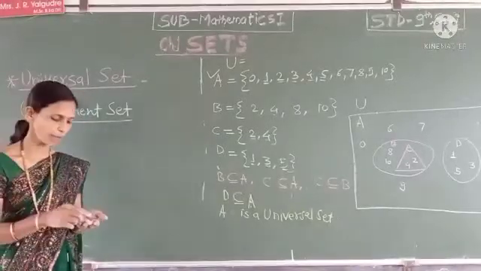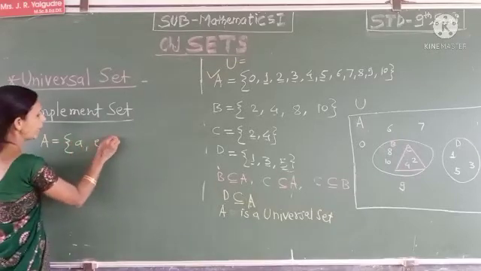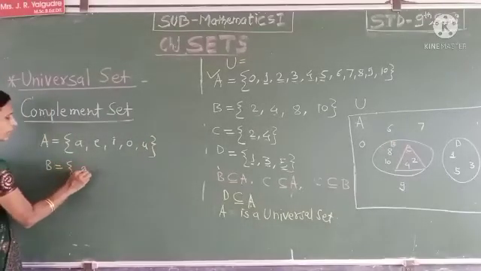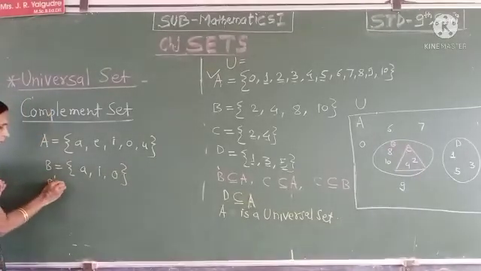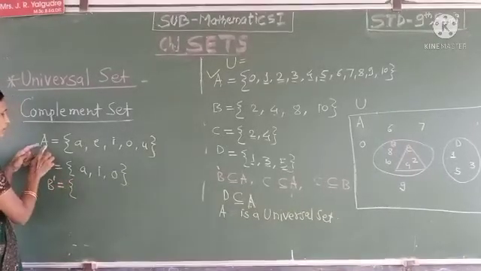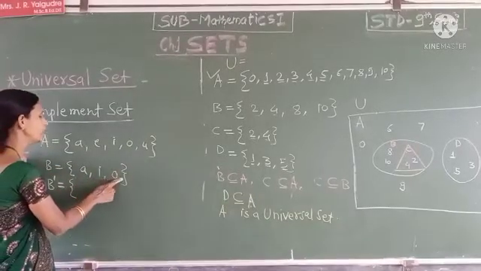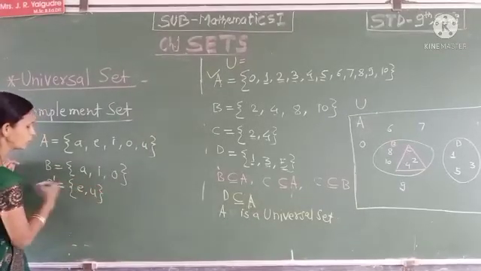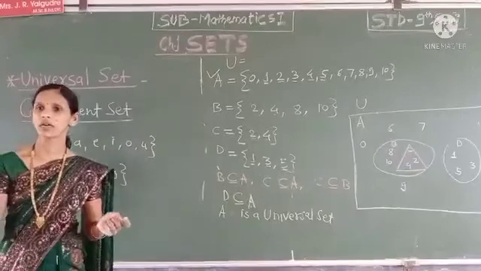Taking one more example of it. A is a set of A, E, I, O, U, and B is a set of A, I and O. Therefore, the complement set of B is the elements from set A which are not present in B set, that is E and U. Therefore, B and B dash are the complement sets of each other.